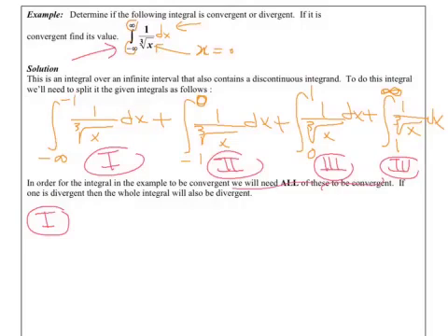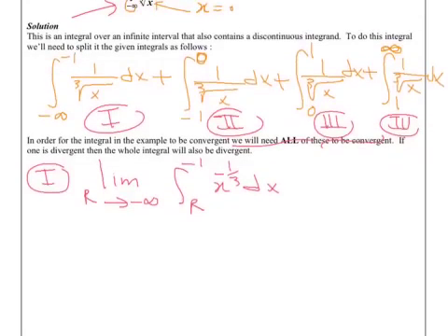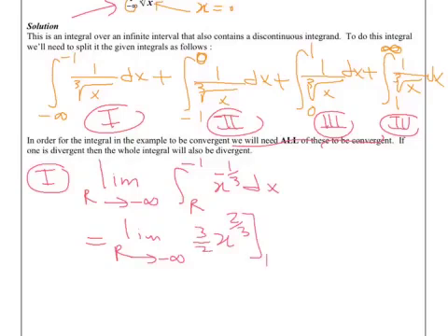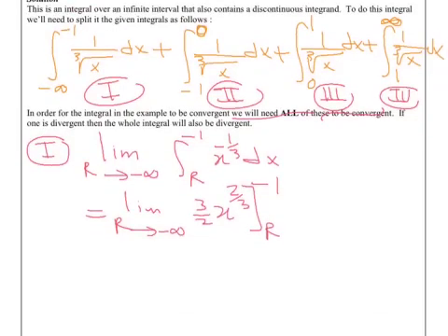Anyway, let us see. To calculate the first one, we have to say the limit as r goes to minus infinity of the integration from r to minus 1 of x to the power minus 1/3 dx. The integration of x to the power minus 1/3 is x to the power 2/3 divided by 2/3, so multiply by 3 over 2, from r to minus 1.